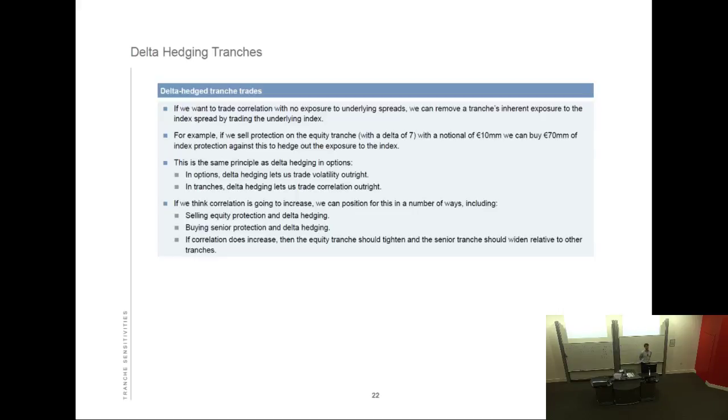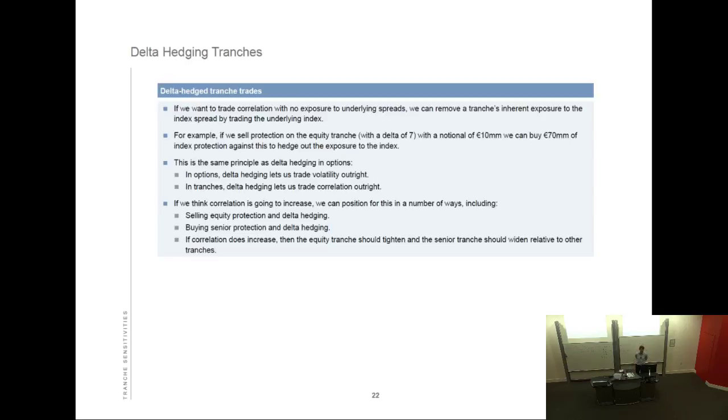Delta hedging tranches does the same thing, except that instead of trading volatility, you're trading correlation. Delta hedge trades, by definition, are market neutral for small moves, right? You're putting a position in an index against your tranche position such that for small moves, your portfolio shouldn't change. But if any of the other parameters of the tranche pricing changes, like correlation, you do have exposure, because correlation will move the tranche part, but not the index.